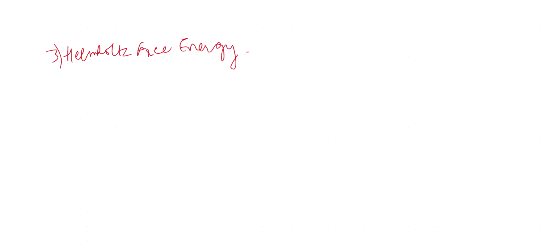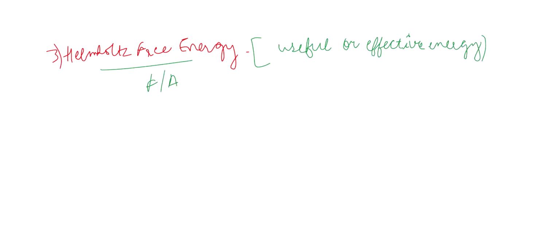It is the chef's effective, useful energy. It is denoted by F or A. A is equal to U, the total energy, minus TS. S is entropy. So here we are calculating the useful energy by subtracting other factors like entropy.